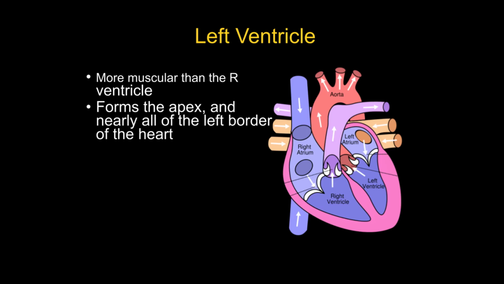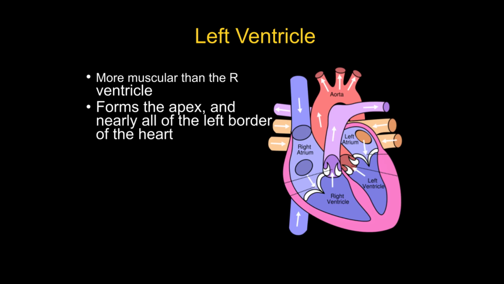Next, the left ventricle. So the left ventricle does a lot more work compared to the right ventricle because it supplies blood to the entire body. So overall the chamber size is the same, but the muscles are thicker here on the left side because of the work.